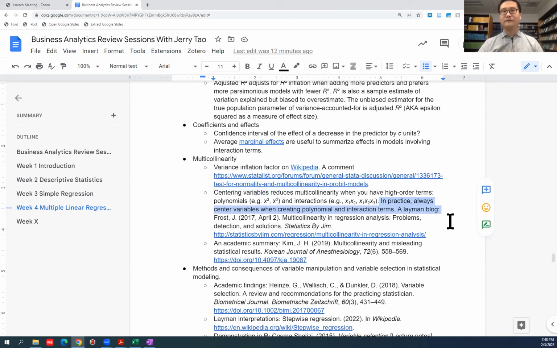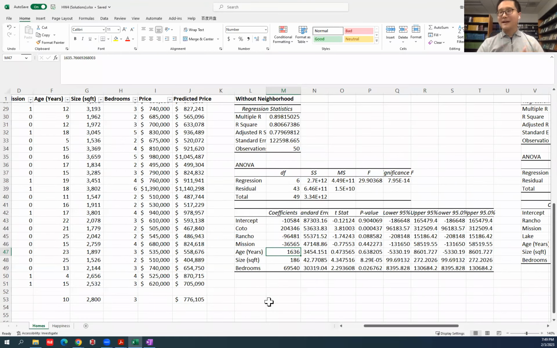However, we are not doing that for homework questions. There's a good article or blog on why we do so. There's also an academic article about multicollinearity and misleading statistical results, if you want to see how this matters in academic research.